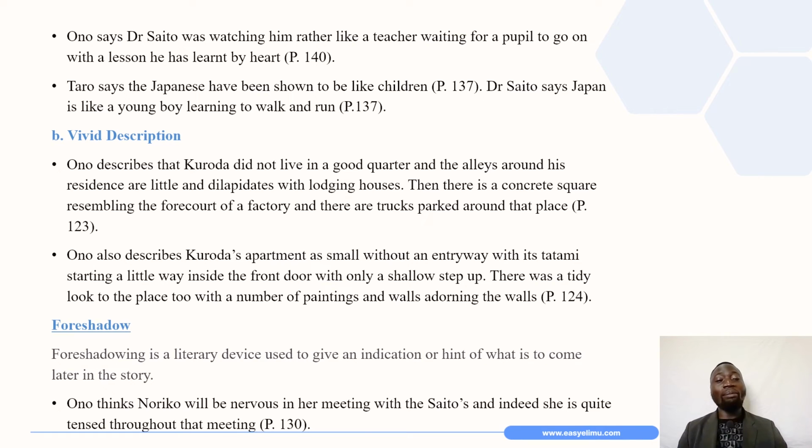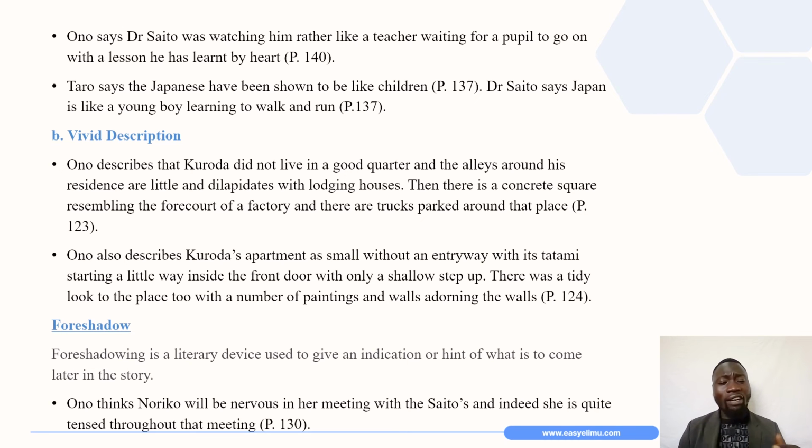Ono also describes Kuroda's apartment as small, without an entryway, with its tatami starting a little way inside the front door, with only a shallow step up. So there was a tidy look to the place too, with a number of paintings adorning the walls. So the narrator, that is Masuji Ono, uses a language that is visually descriptive to help the readers get a mental picture of the setting of the place being described.